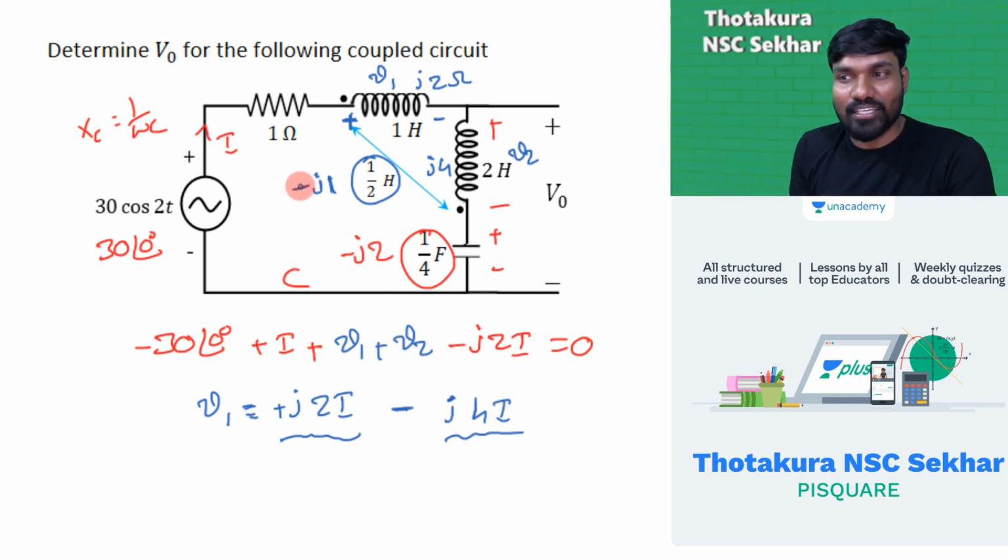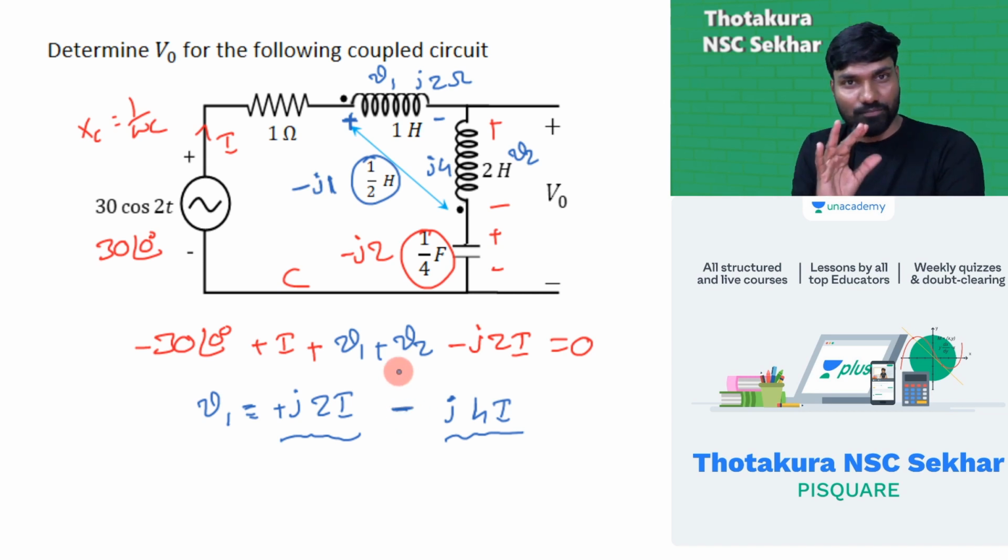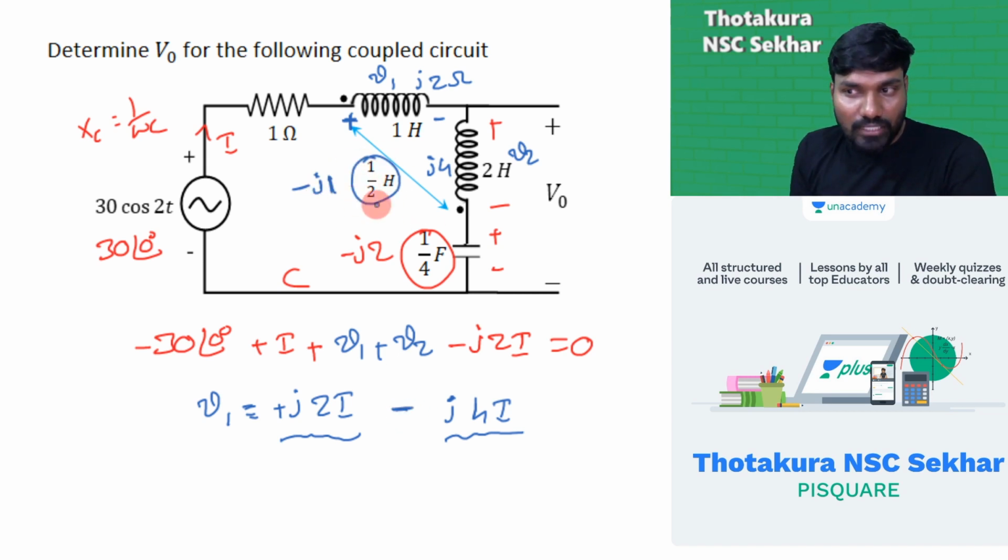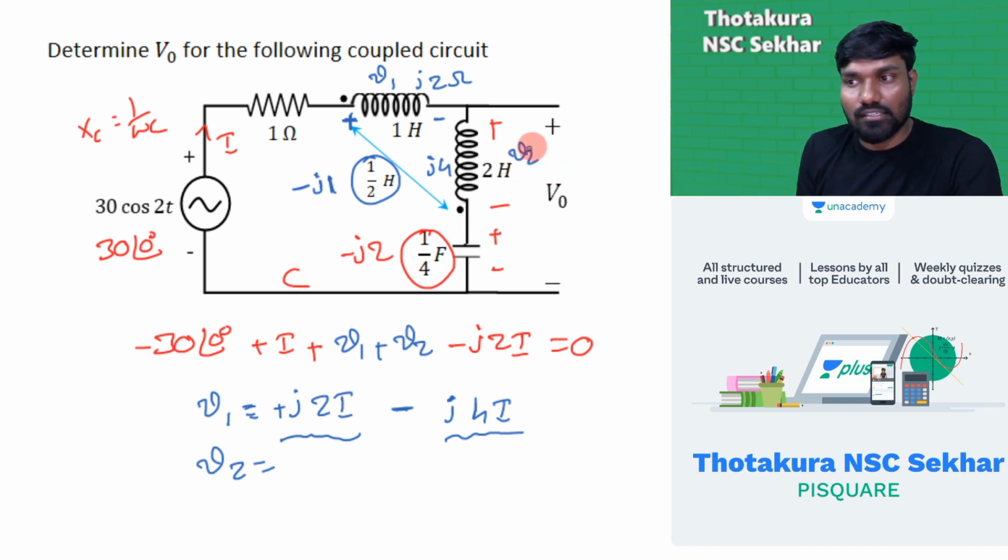Now V2, voltage across this: self-induced EMF, current is I, plus J into 4I, negative coupling minus J into, mutual induced EMF will be same for both.